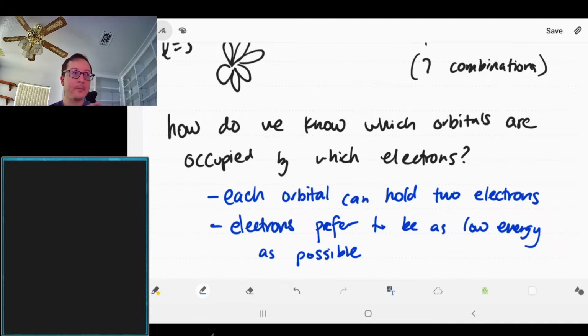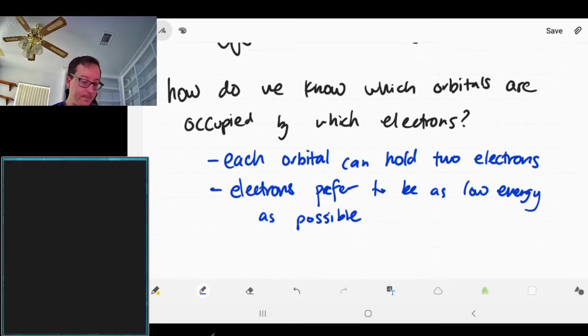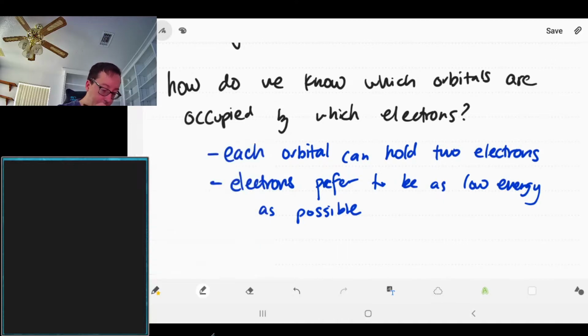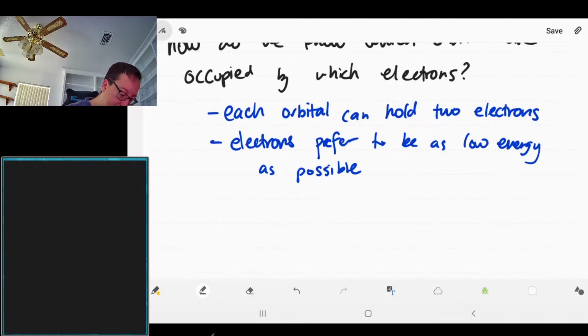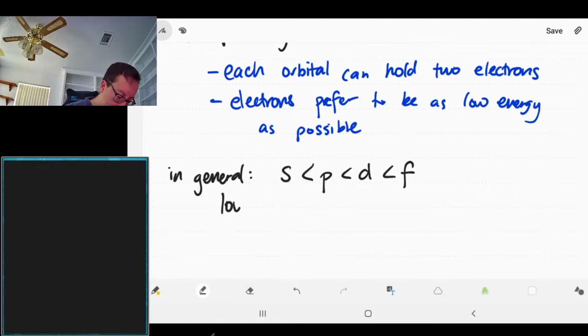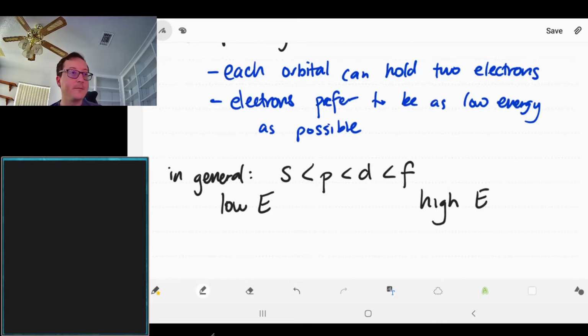And so with that, as we understand these things, I have a couple of patterns for us. We're going to see that in general, an s orbital will have the lowest energy, and f orbitals have the highest energy.